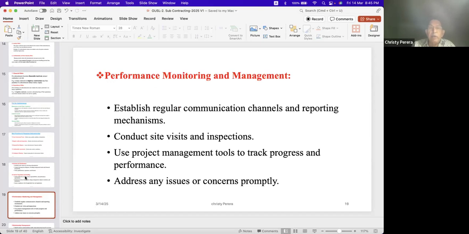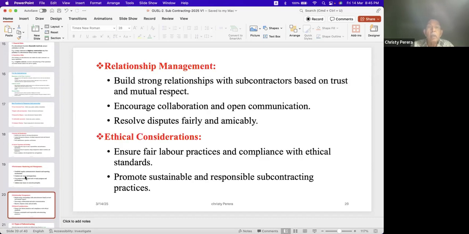Performance monitoring and management. Establish regular communication channels and reporting mechanisms. Conduct site visits and inspection. Audit, monitoring. Those are very important things. Relationship management. Build a strong relationship with subcontractors based on trust and mutual respect. You can understand these things. You just go through that and see. Encourage collaboration and open communication.